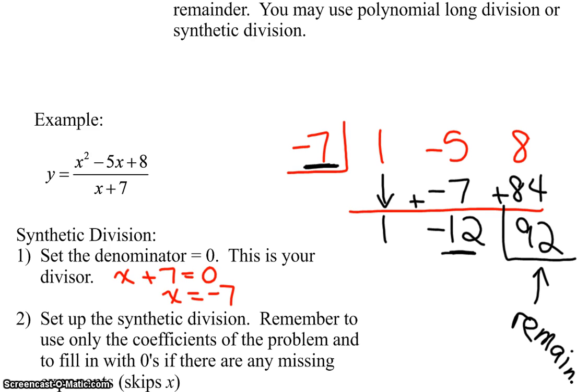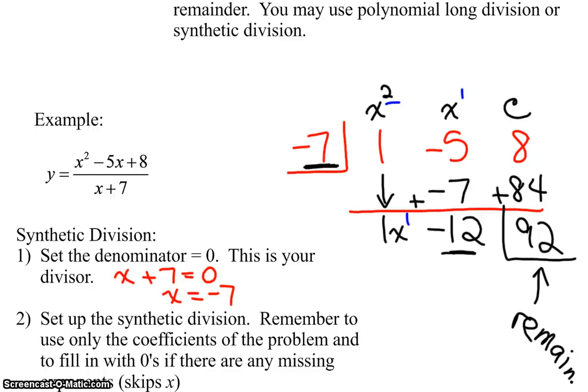When you do synthetic division, remember the first position was x squared, the second position was x, and the third position was some constant. When you get the answer, your first term is now x, your second term is now your constant. You drop the exponent by 1. X squared became x to the first.